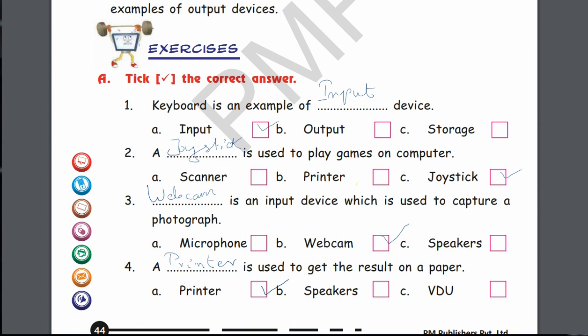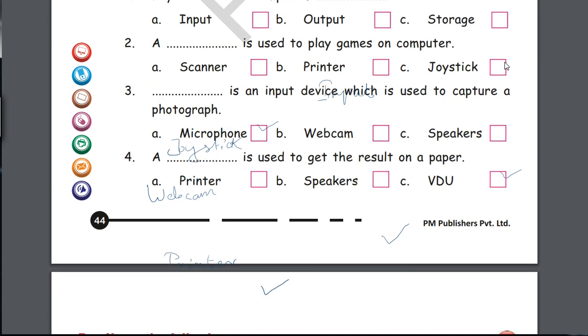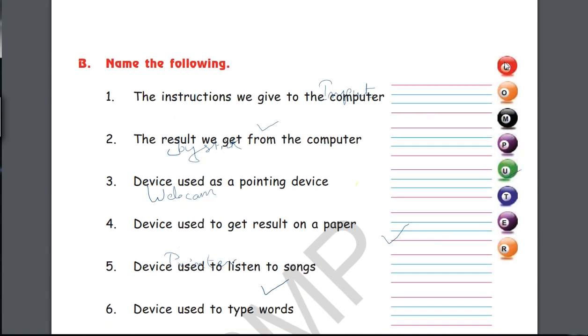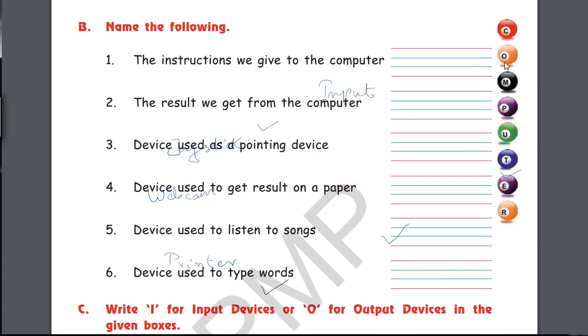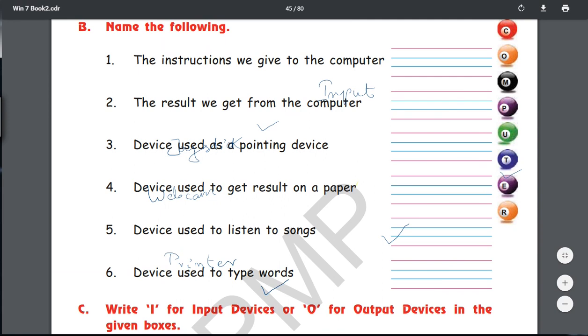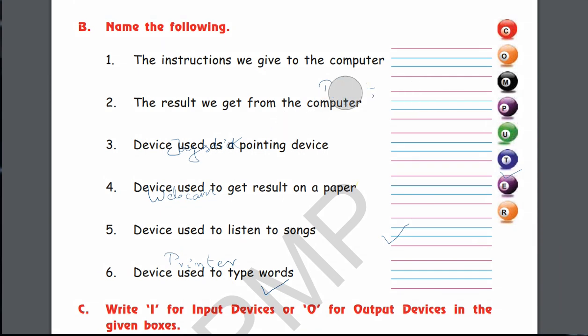So, now we move to the question answers part. All of you will note down carefully. Now, are you ready? Instructions we give to the computer, what is that called?